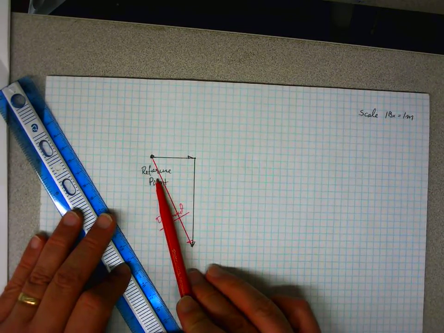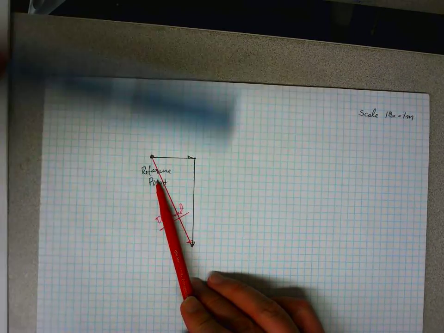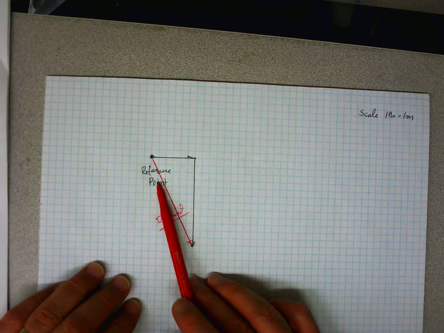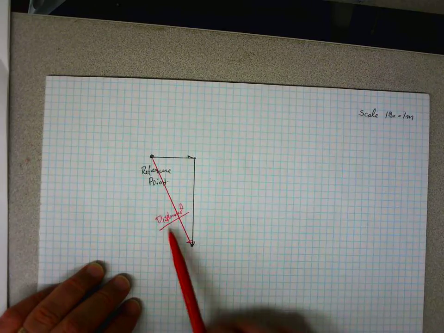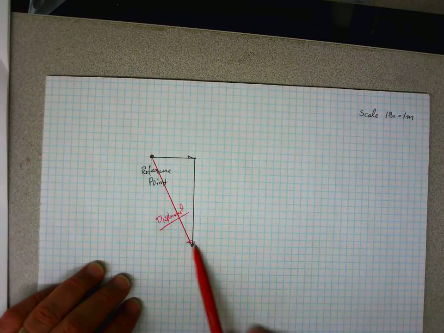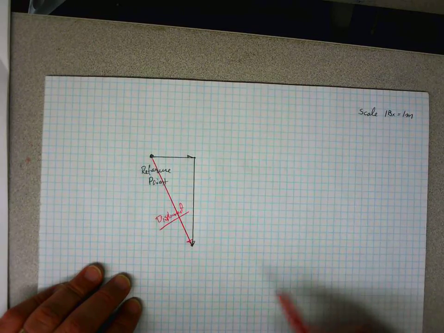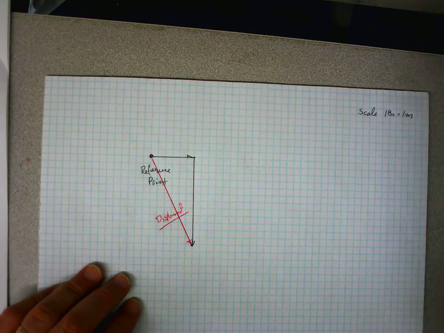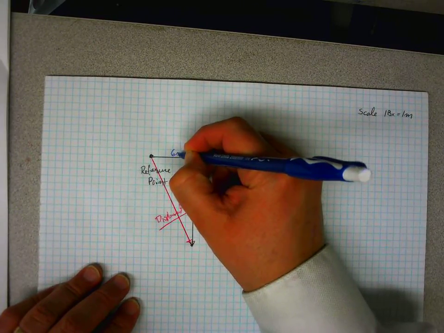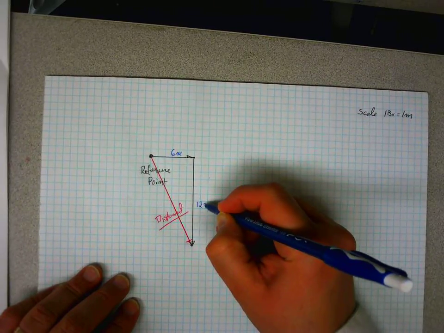So remember, displacement measures how far away from the reference point the person is. So what I'm looking for is the magnitude and direction for this line here, which is very easy to calculate. We know that this is going to be 6 meters, and this is 12 meters.